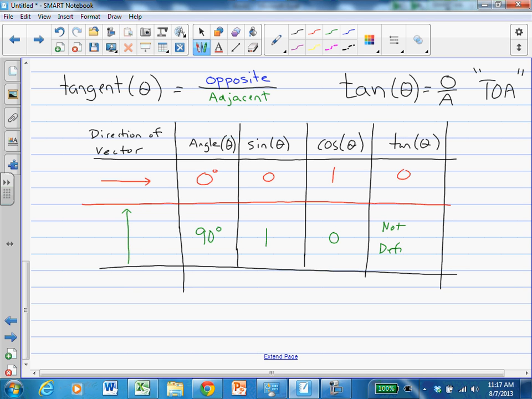The reason is that now our angle is 90 degrees, so our opposite side is equal to the hypotenuse. So sine is 1 and cosine is 0.